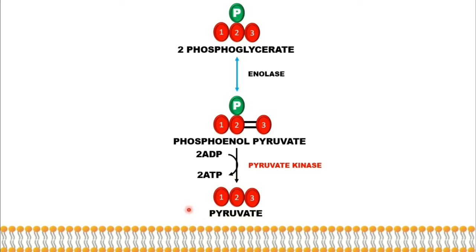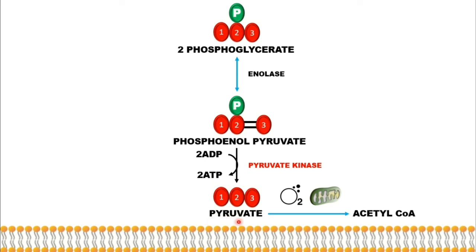Of course, we produce 2 pyruvate. Then in the presence of oxygen and mitochondria, these molecules of pyruvate will be converted to acetyl-CoA, which we are going to talk about in the next video. That's about the Krebs cycle or citric acid cycle.